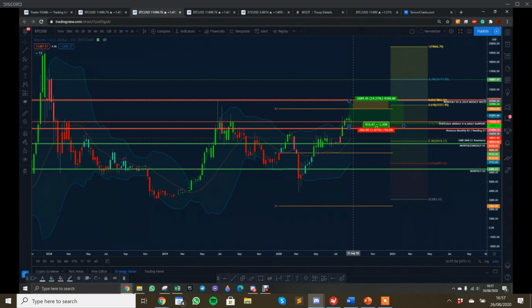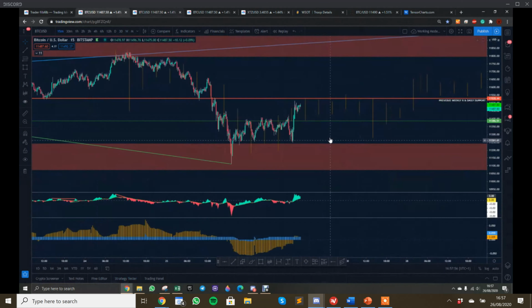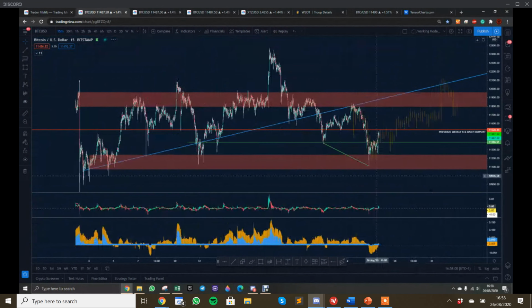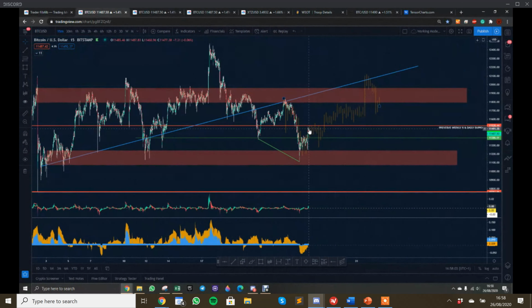And so my overall short-term strategy is I'm scalping from 11,500. I think it's going to be a little bit of a challenge to get back over there.